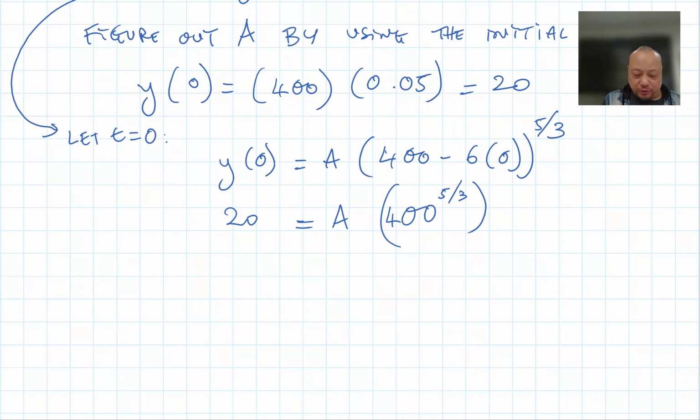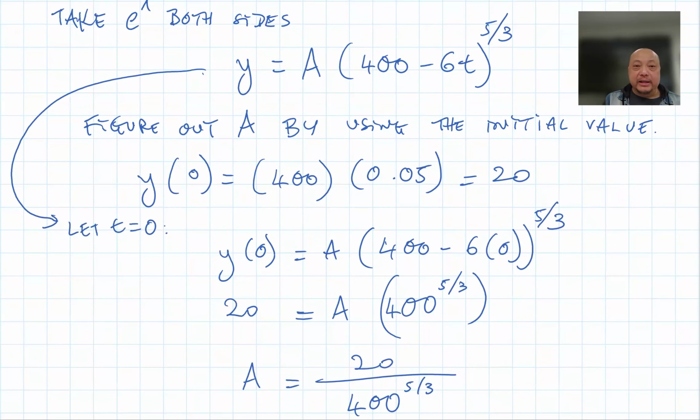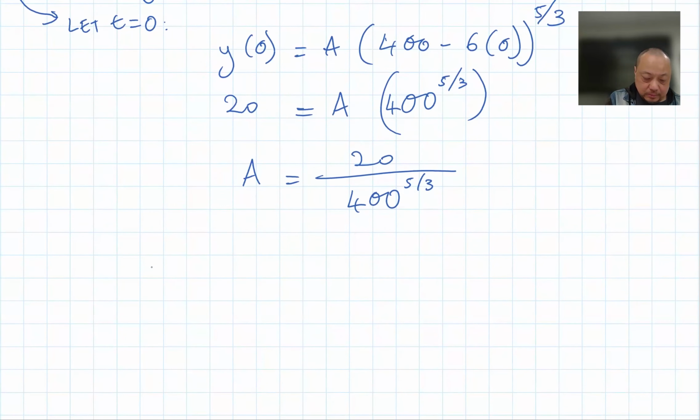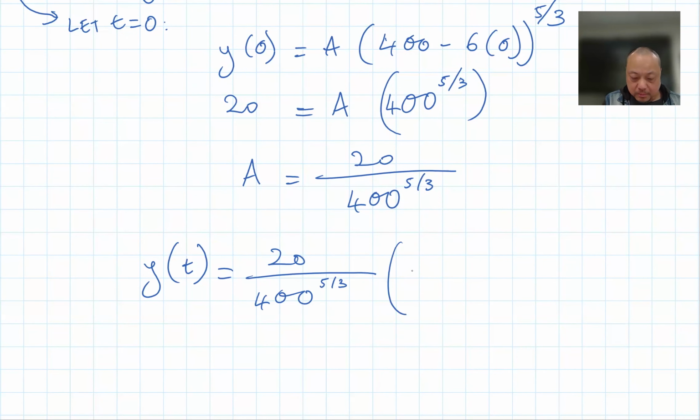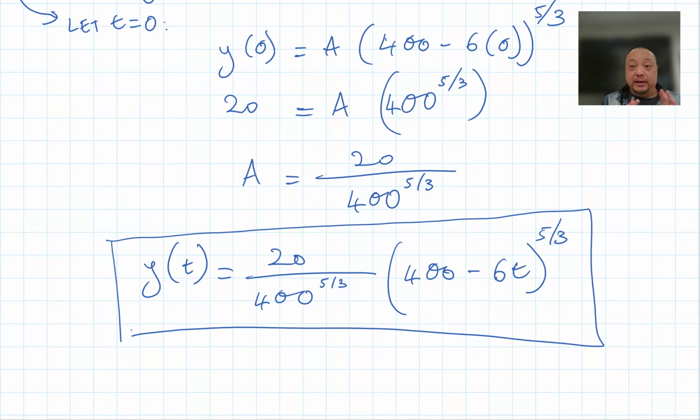I don't know what 400 to the 5/3 is. I'm just going to leave it like that. So I have A, I plug back into that solution. That's a perfectly legit solution.